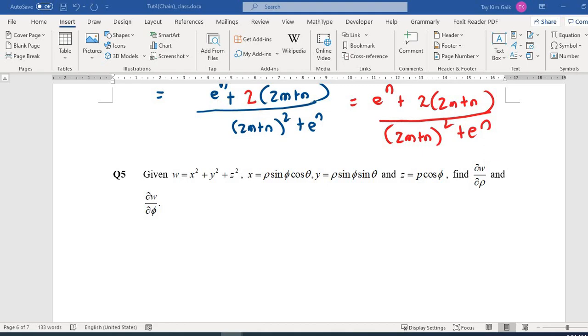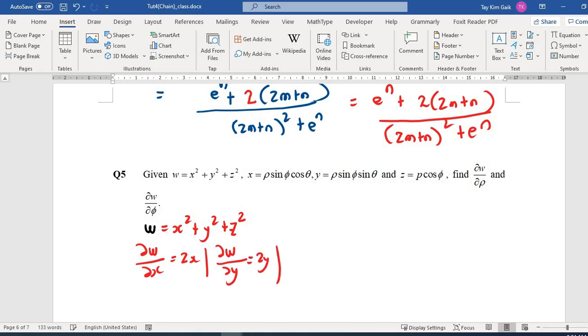Same thing, from w equal to x squared plus y squared plus z squared, you can find del w del x, which is 2x, del w del y, which is 2y, and del w del z, which is 2z.